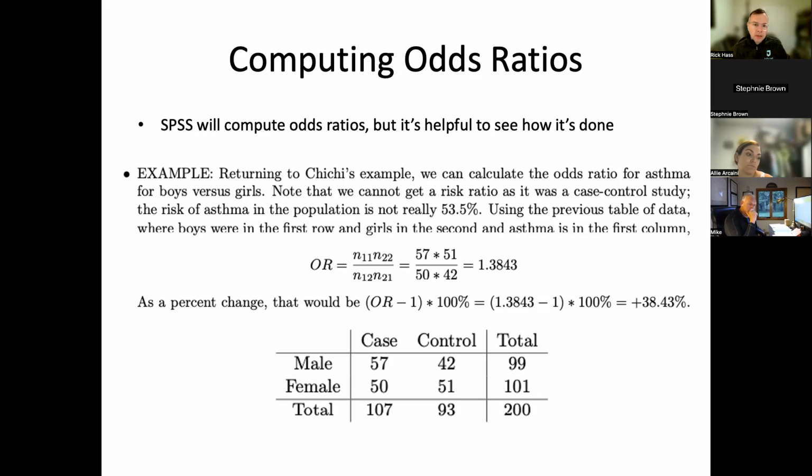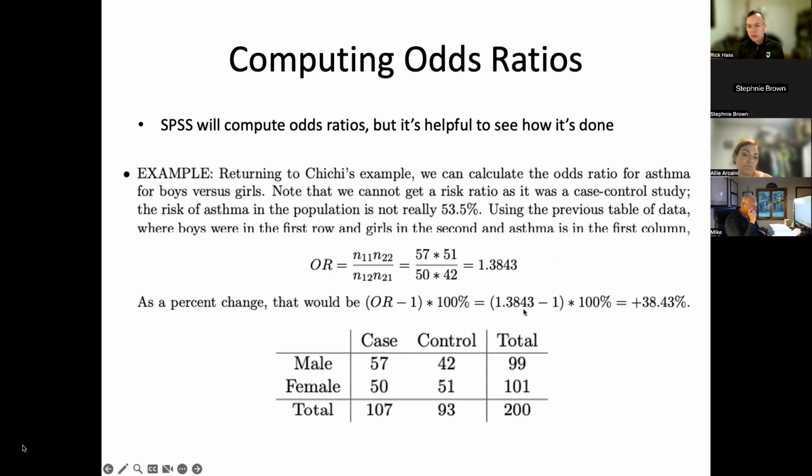Sometimes it's a little more meaningful to use the bottom interpretation. We call this the percent change format. So instead of saying how many times greater the odds are in one group versus the other, we say how much of a percent difference there is.